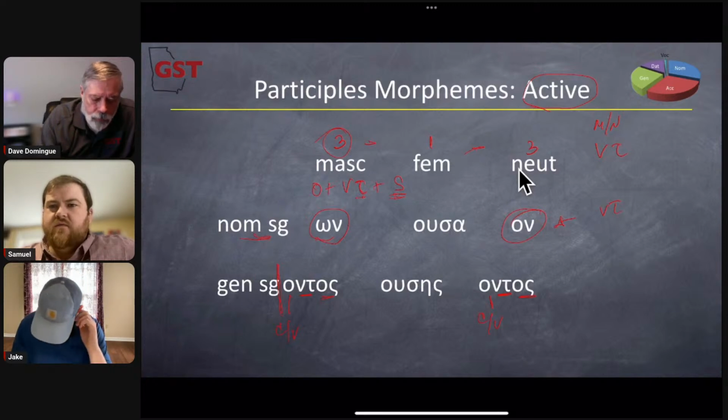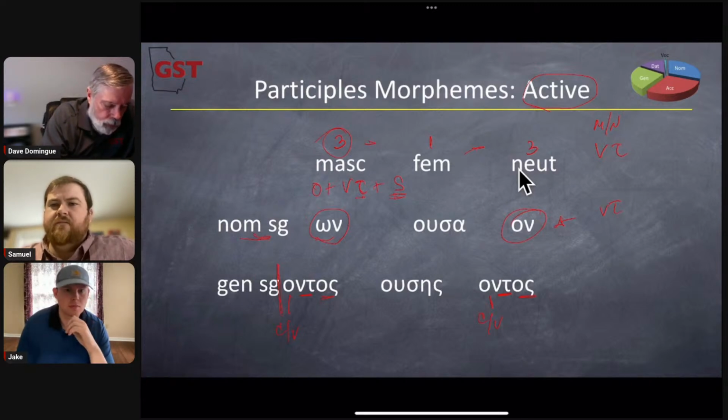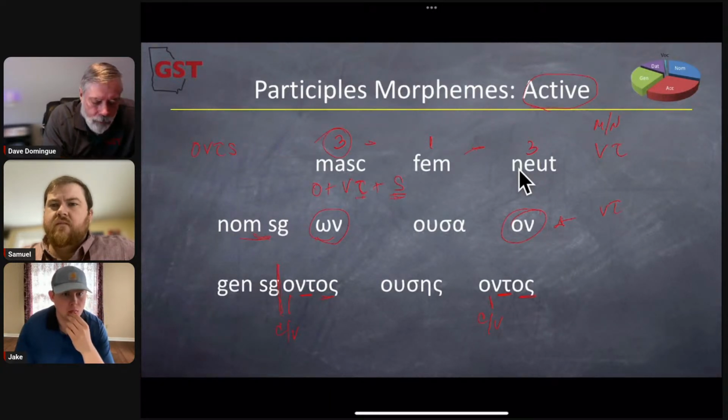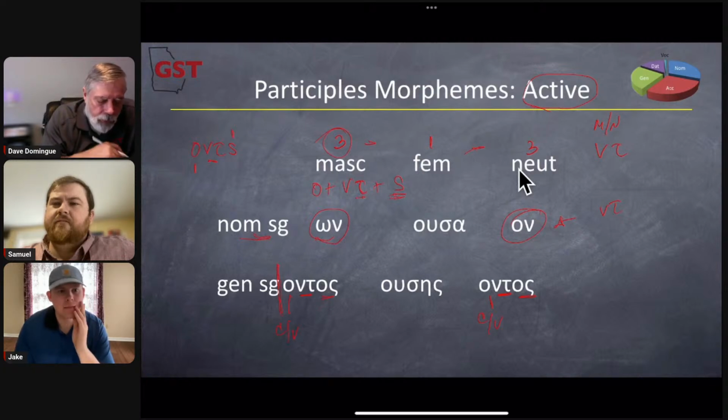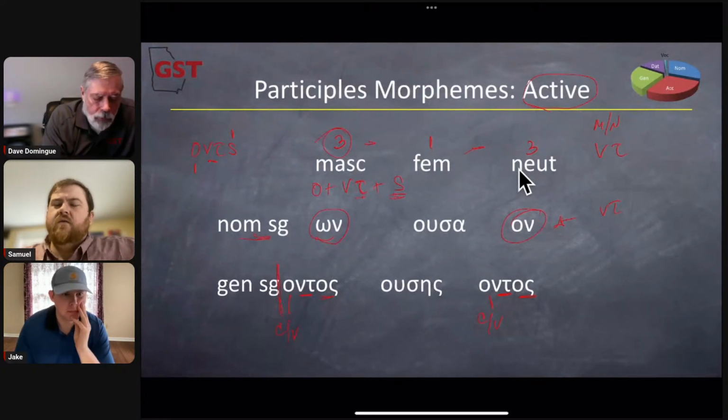We're going to add a sigma to it. And really, why isn't this nu tau sigma? That's what it's supposed to be, right? I've got my connecting vowel, my nu tau, participle morpheme, and my case ending right there. So why isn't it Omicron nu tau sigma?